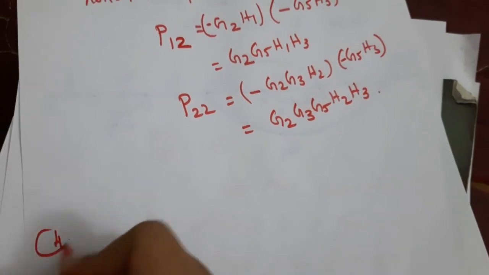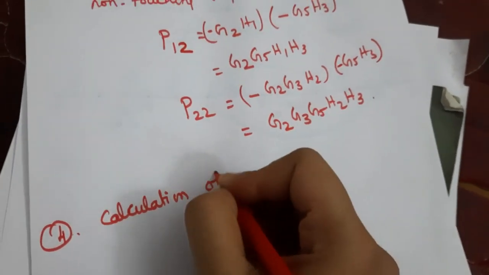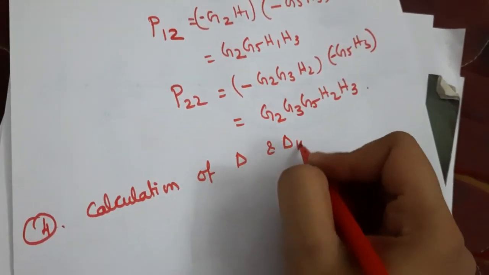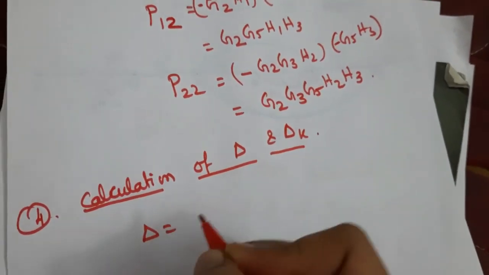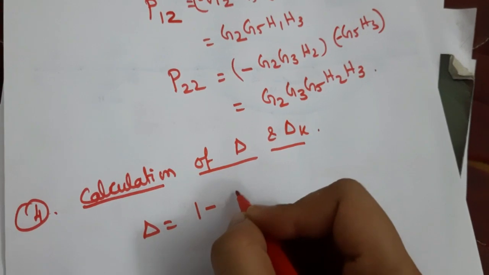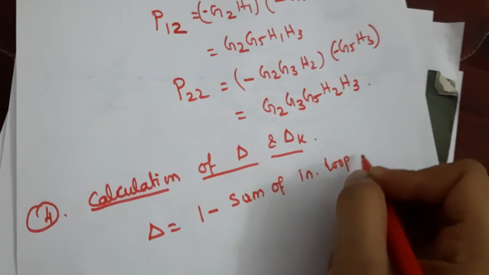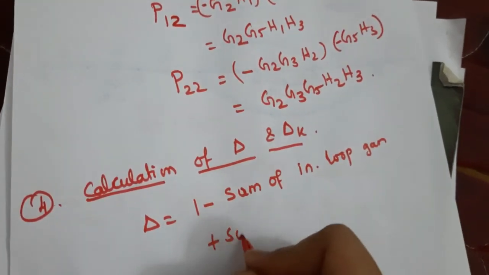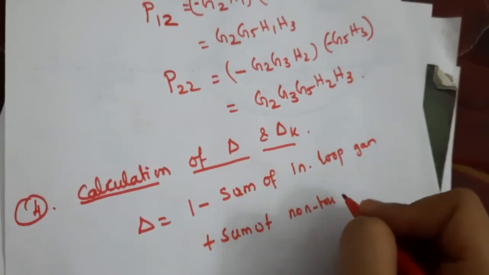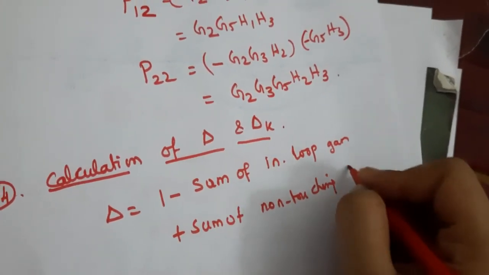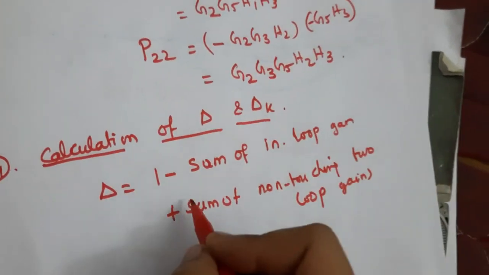And the next step is the calculation of del and del K. The formula for del is equal to 1 minus the sum of all individual loop gains plus the sum of non-touching two loop gains.